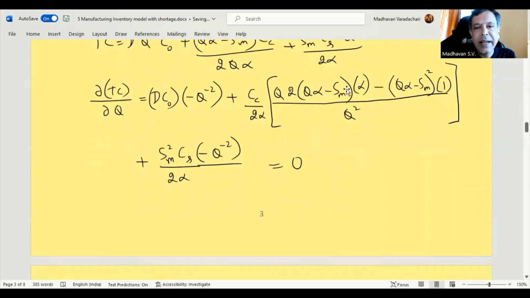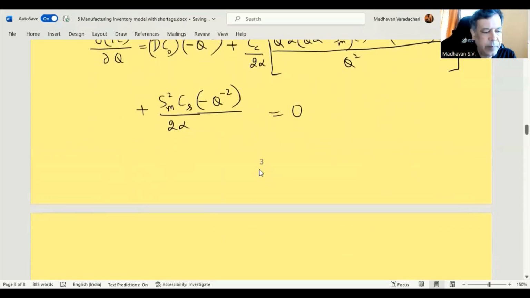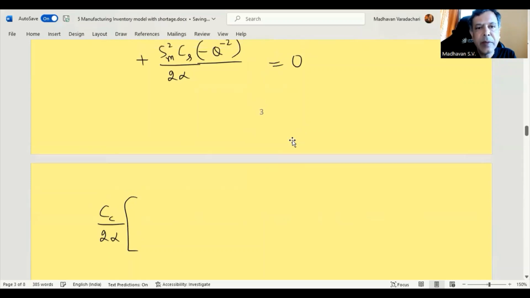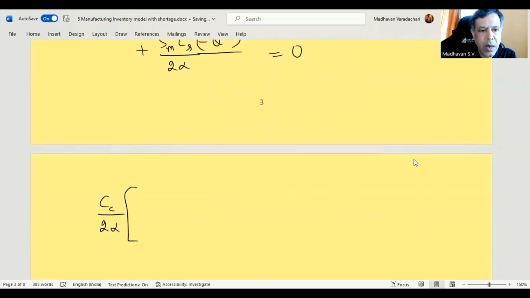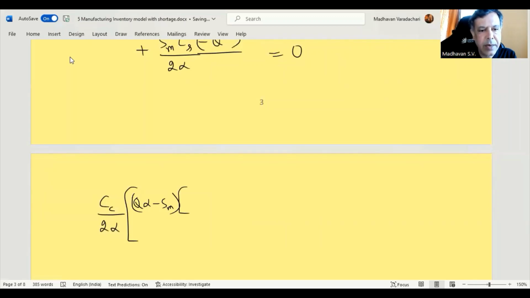So we will retain this expression in the left hand side, and this other expression, since it has got negative values, we'll take it to the right hand side, which means Cc by 2 alpha times. Now in this we may notice (Q alpha minus Sm) is common. So (Q alpha minus Sm) is constant; we are taking it outside.